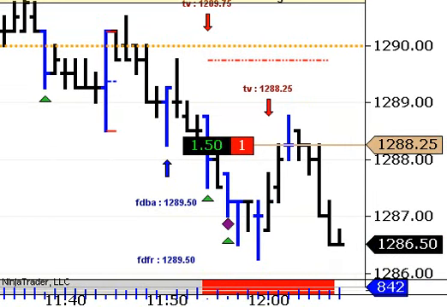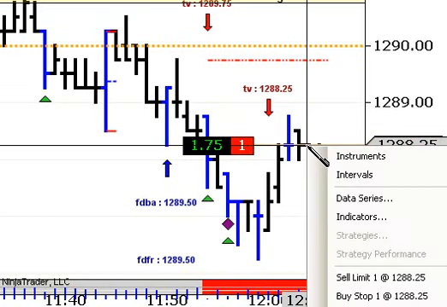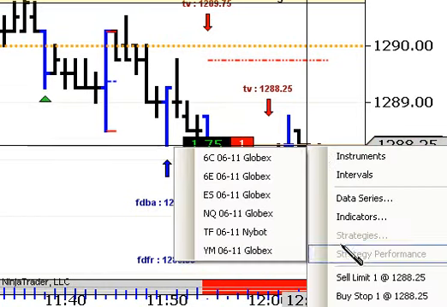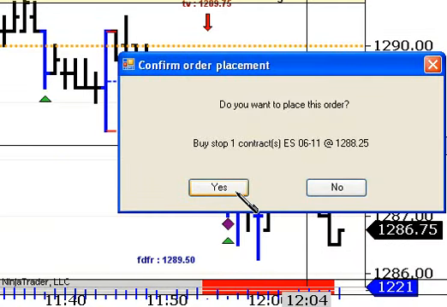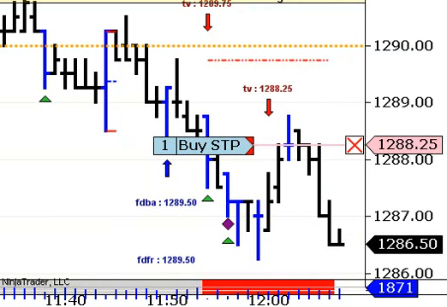What I'm going to do here is just go ahead and cancel that buy limit at 3 points, and instead I'm just going to manually trade this final position. So I'm going to put a buy stop in there for just 1 contract because we only have 1 contract left on this trade, and right now I've got it in at break even.